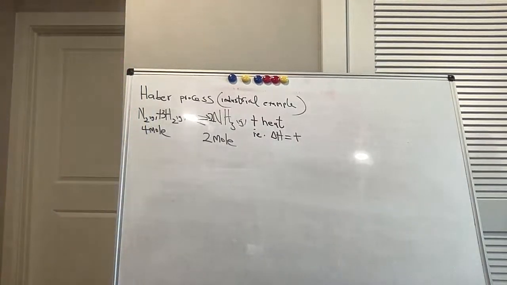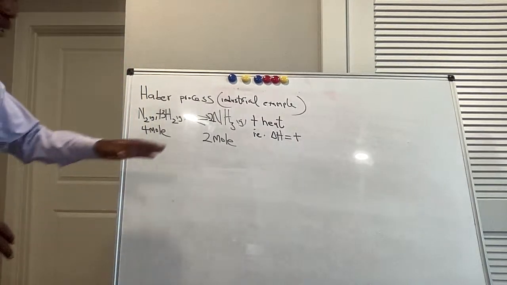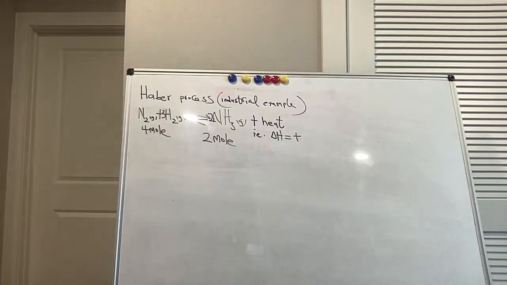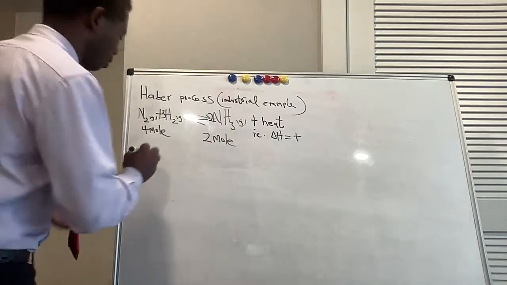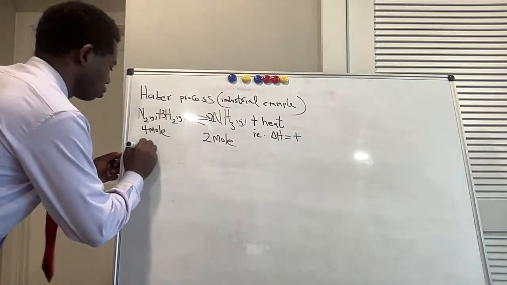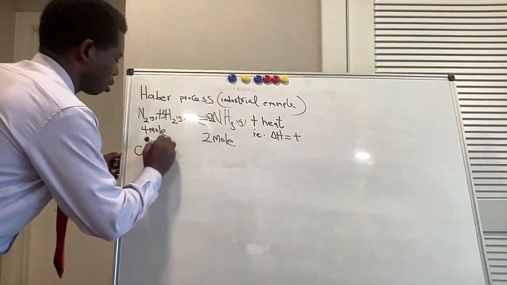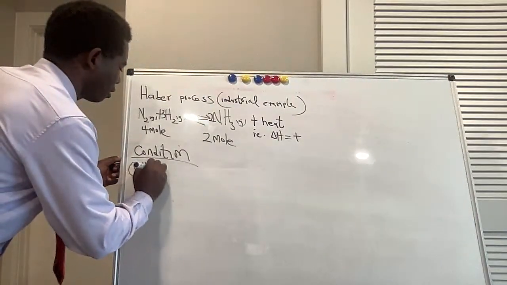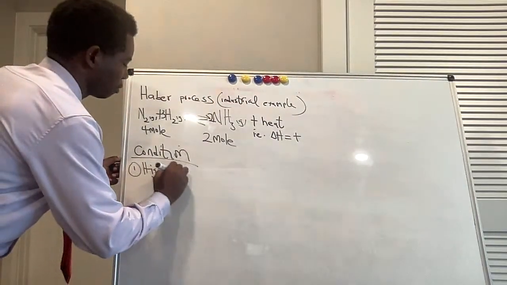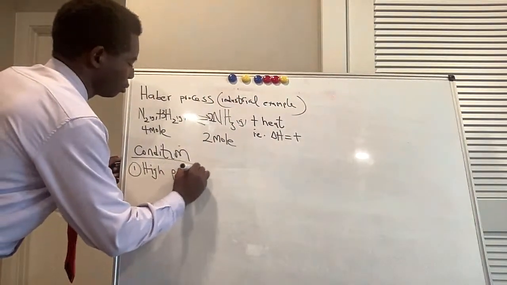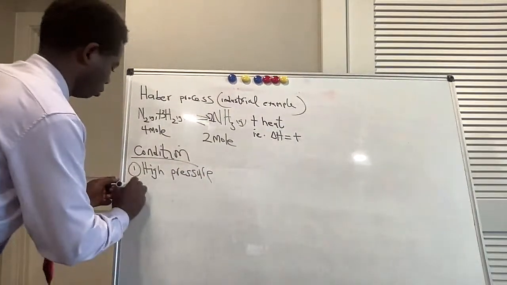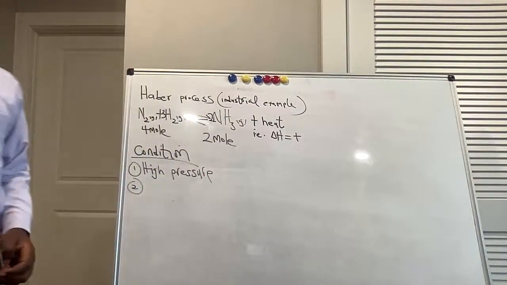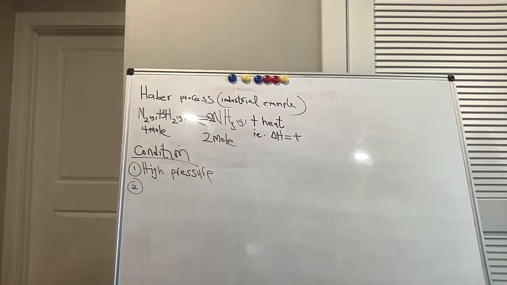So now let's look at this together. Condition: high pressure. What is the condition for this to be? High pressure, 200 atm. That is one of the conditions. Then moderate temperature.